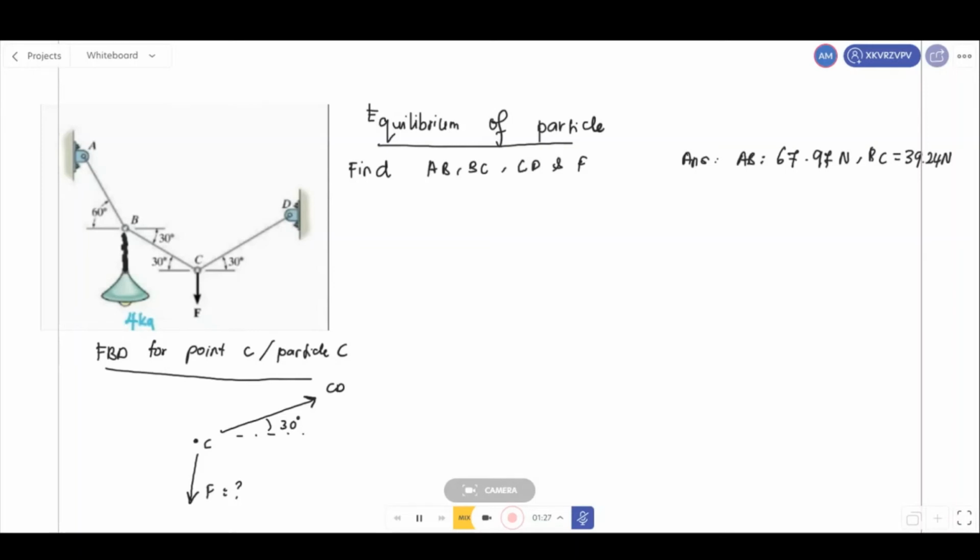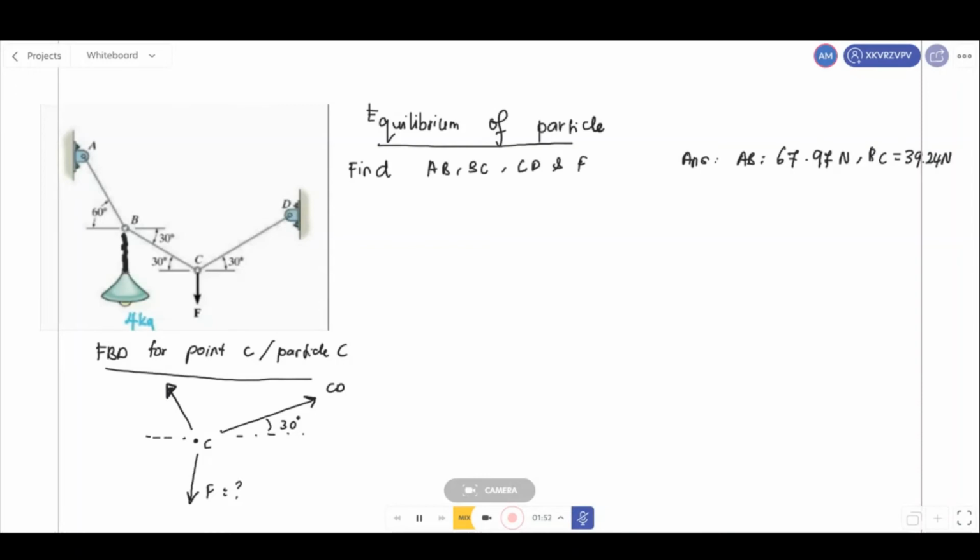CB, or BC, we calculated earlier using particle B. Pay attention to the arrow that we drew for particle B in the FBD, compared with point C. Please make sure you compare correctly.